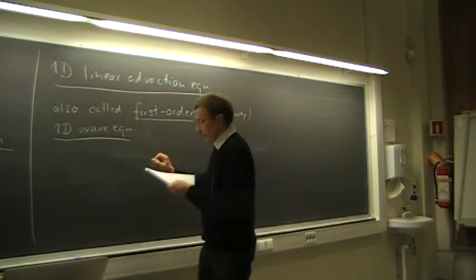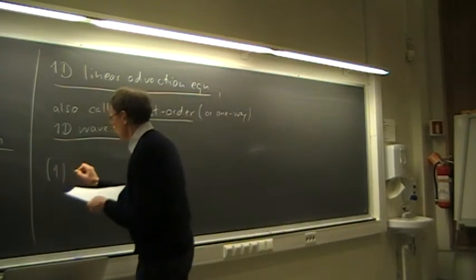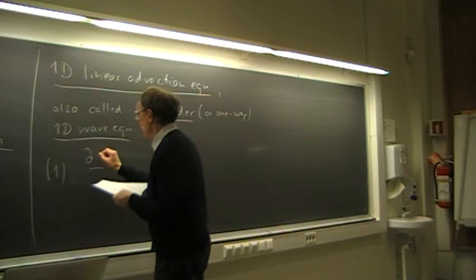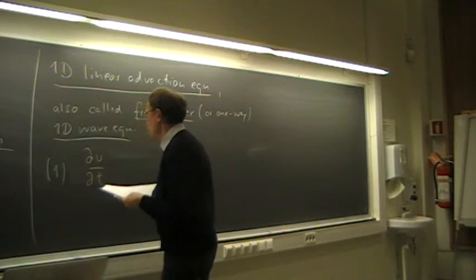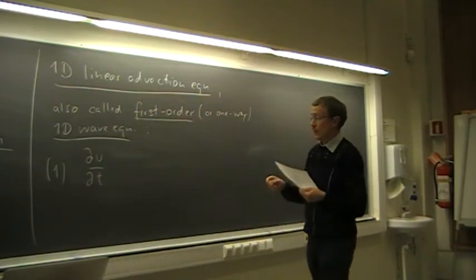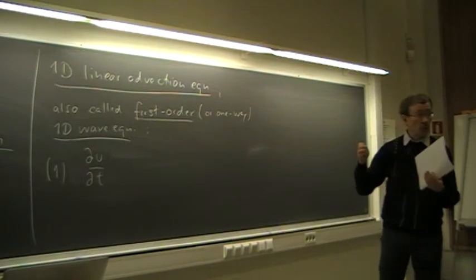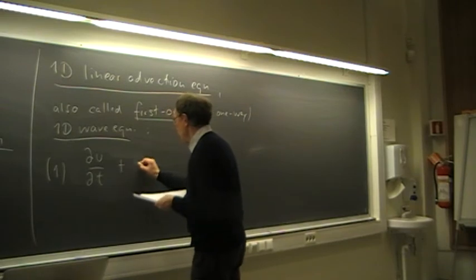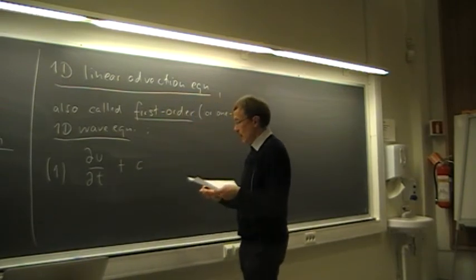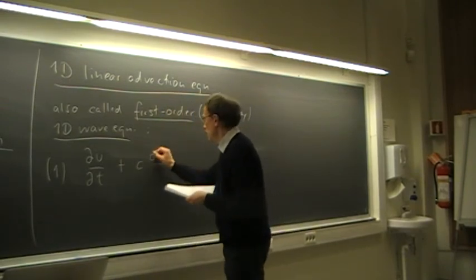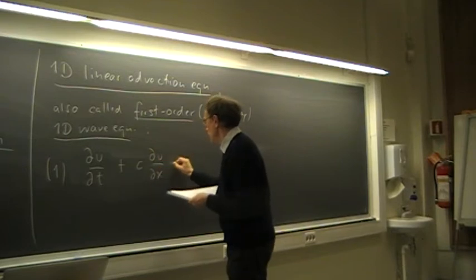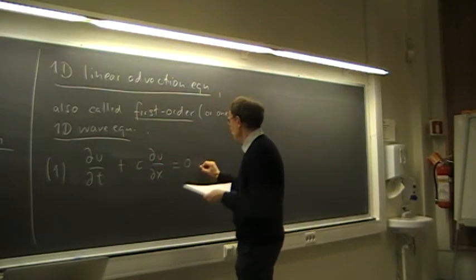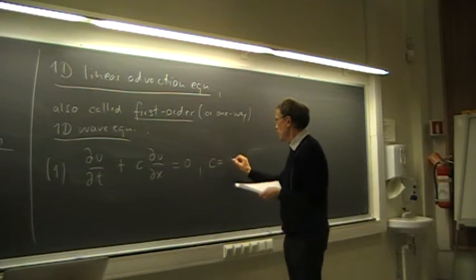And that is the following. We have the time derivative of the transport of a quantity that is transported, which we call u, plus an advection velocity c times du dx is equal to 0. And we assume that c is constant.